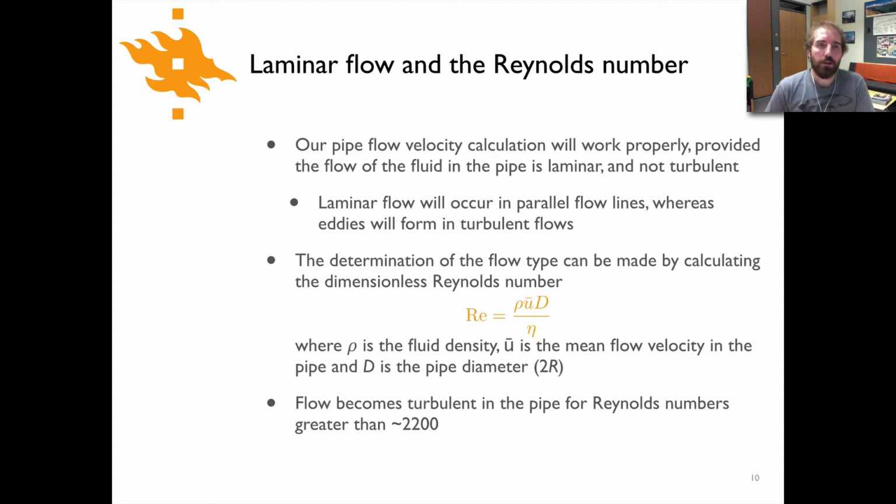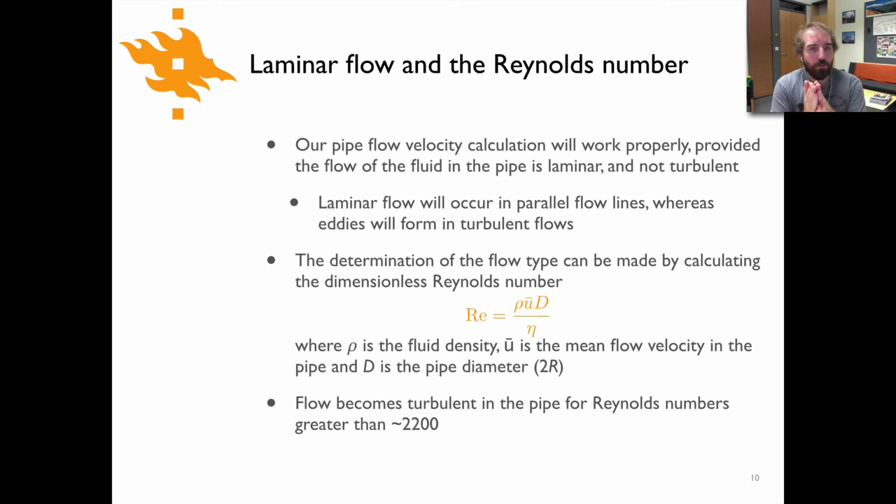The last thing I want to talk about here about pipe flow: we've calculated the velocity field now, and everything will work just fine with our velocity calculation, provided the fluid flowing in the pipe is flowing in a laminar fashion and it's not turbulent. So what does that mean?